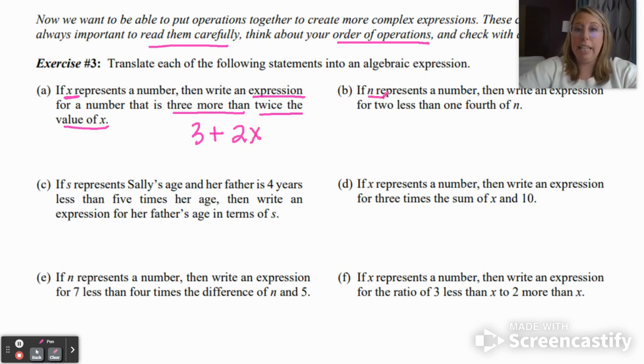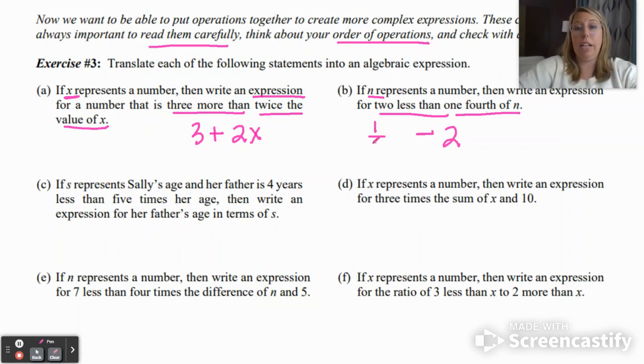For B, N is your number, and they want an expression for 2 less than 1/4 of N. All right, so 2 less than means minus, but because it's less than, I know that the 2 goes after it. Less than flips the order. And then 1/4 of n.